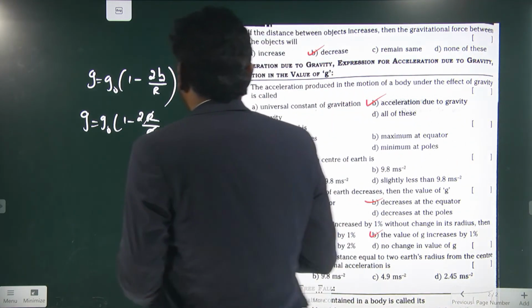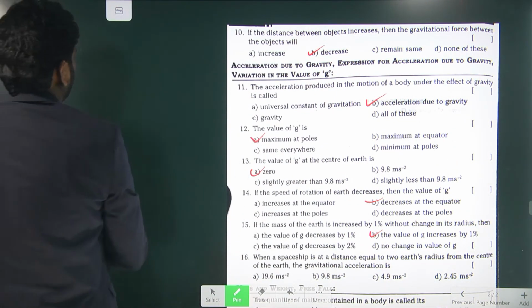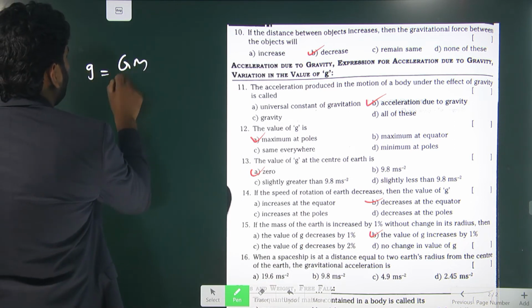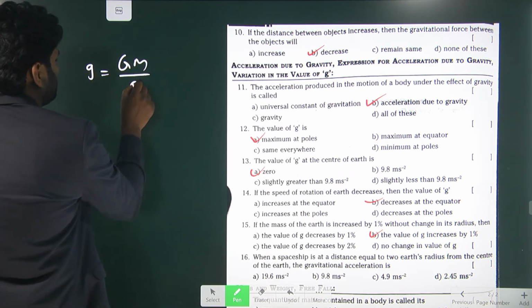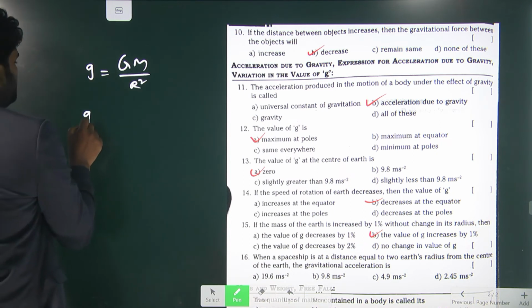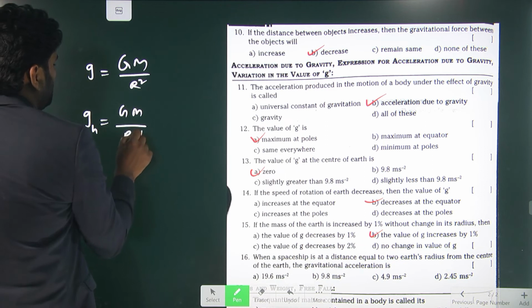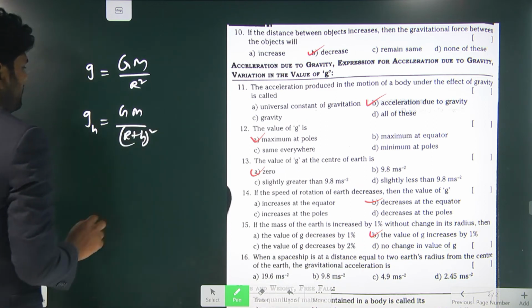Or else you can take one more formula. You can take this formula: g is equal to GM by R square, this is equation 1. And g at height h is equal to G capital M by (R plus h) whole square, equation 2.